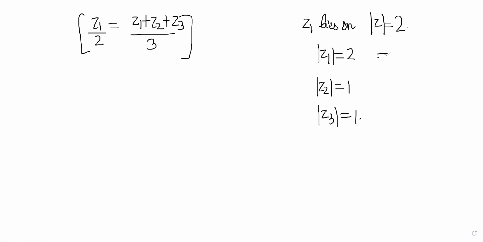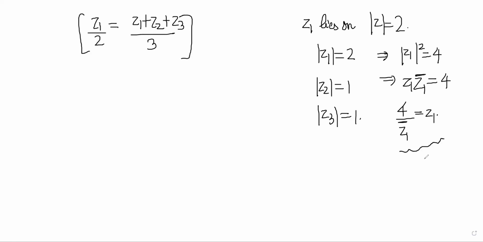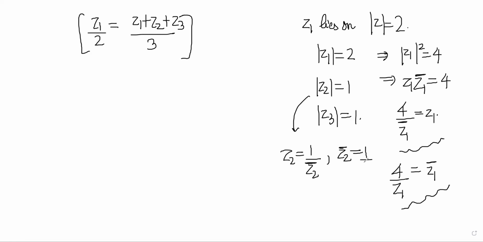So from here we can say that mod Z1 square is 4, which implies that Z1 times Z1 conjugate is 4. So 4 by Z1 conjugate is the same as Z1, right? And 4 by Z1 is the same as Z1 conjugate. Similarly, we can say that Z2 is equal to 1 by Z2 conjugate, and also Z2 conjugate is 1 by Z2.